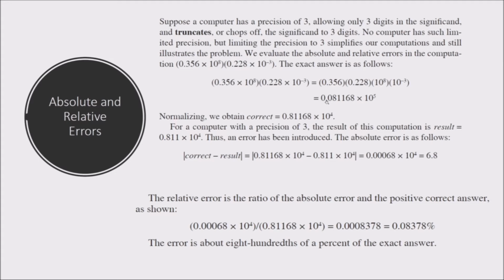You move the dot so that you get a number bigger than 0 in the first place. So I can put the dot right here, and then it is 81168 multiplied by 10 to the power 4. That is the actual answer.